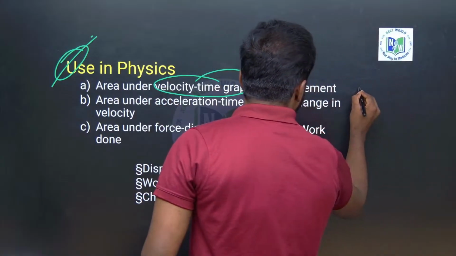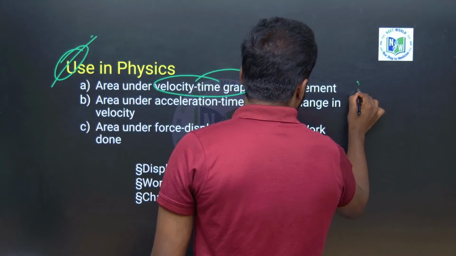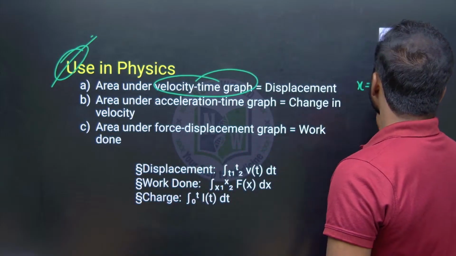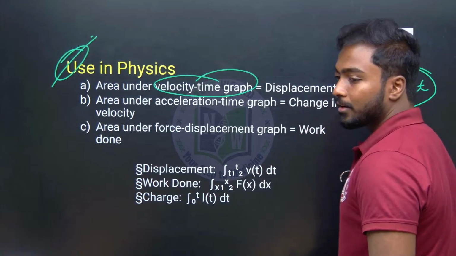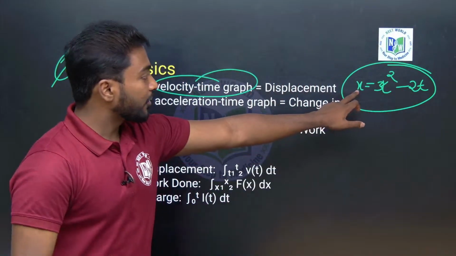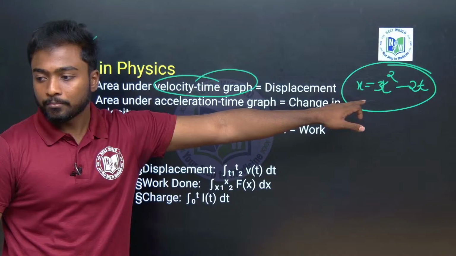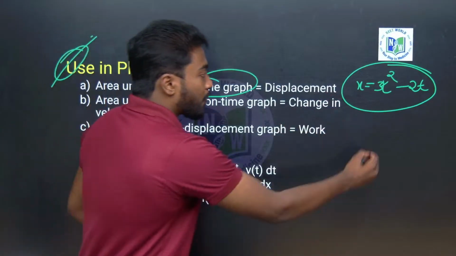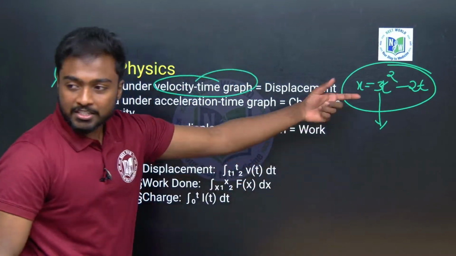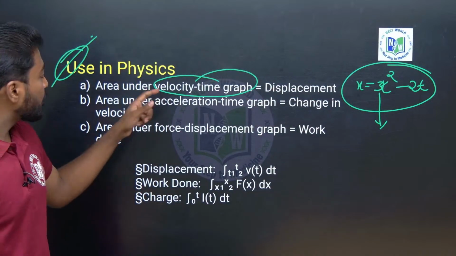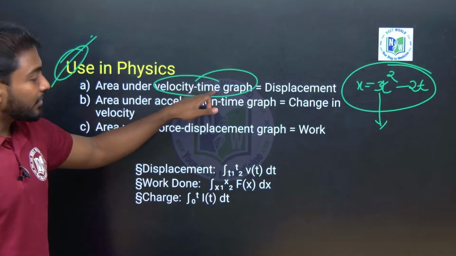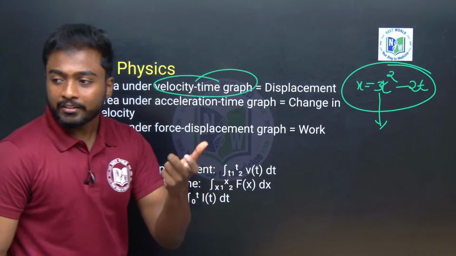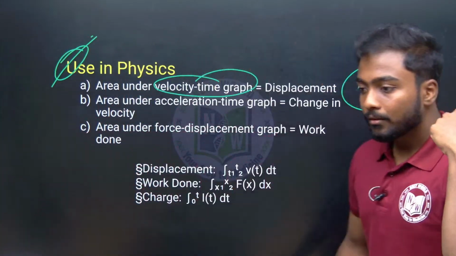If I take an equation like x is equals to 3t square minus 2t, this is the equation of a displacement. X is said to be a position. If I take the position equation and differentiate, I will get the velocity with respect to time. So same way, for velocity and time graph, I will get displacement.